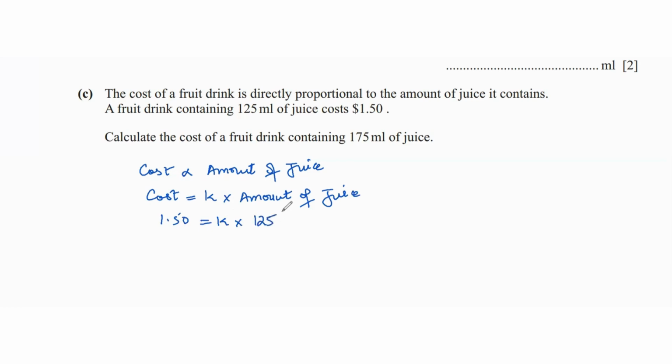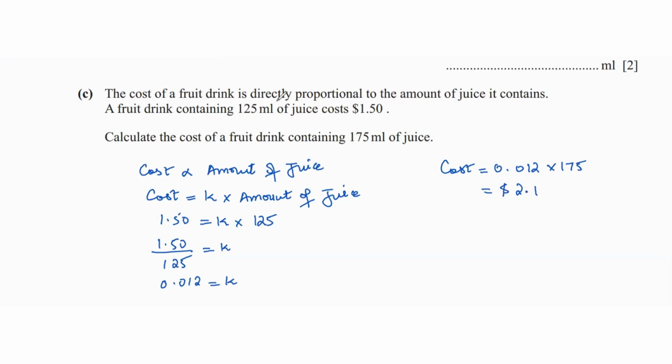So using this, we're going to first find the value of K, and then using that value of K, we're going to find the cost for 175 ml. So 1.5 divided by 125 equals K, which is just going to give us 0.012 for K. So that means cost is going to be 0.012 times 175, which is equal to $2.10.